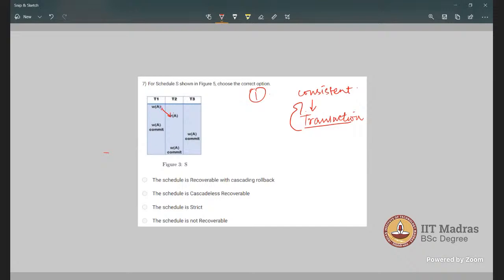Here you can see the dependency. Yes, sir, it is conflicting. And this is also a conflict. So after that, if there is any, okay, just one.